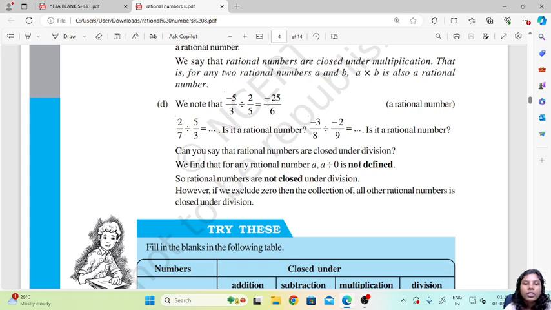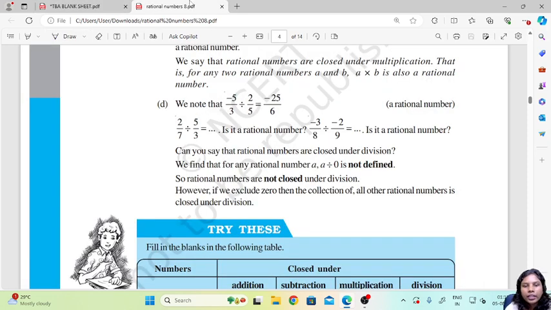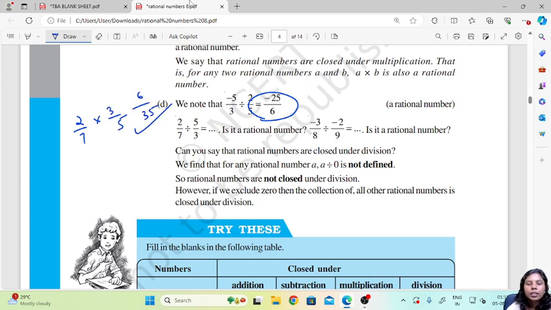Sorry, 25 upon 6. Minus 25 upon 6 we are getting, correct? That is a rational number. But then let's see, again we have 2 by 5 divided by 7 by 3. That will also be a rational number. Say 2 by 7, 3 by 5, 6 upon 35. So that is also a rational number.